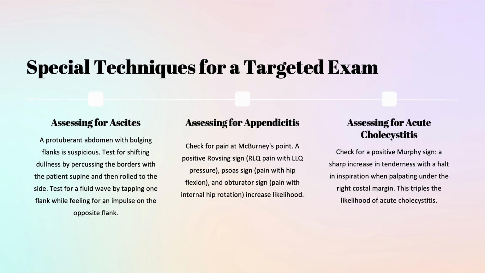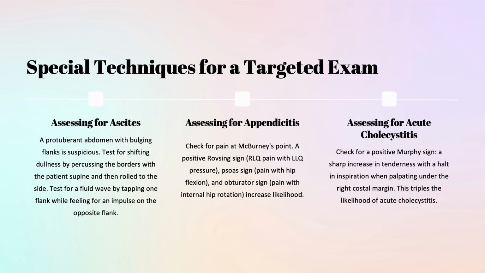Okay. For appendicitis, there are many named tests. But for now, I'm going to introduce you to some of the more common ones. You check for pain at McBurney's point. It's somewhere midway or one third of the way from the umbilicus to the anterior superior iliac spine on the right.